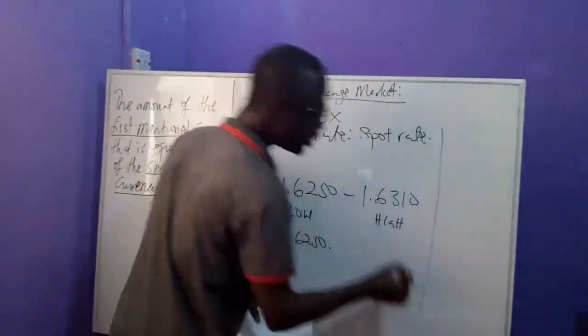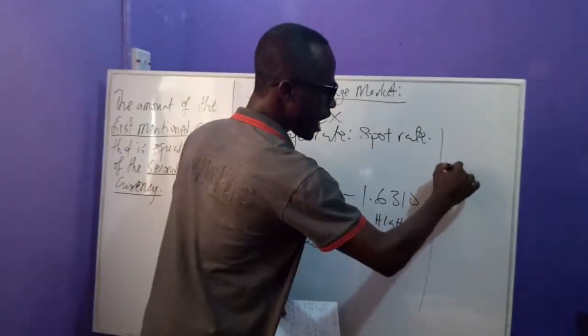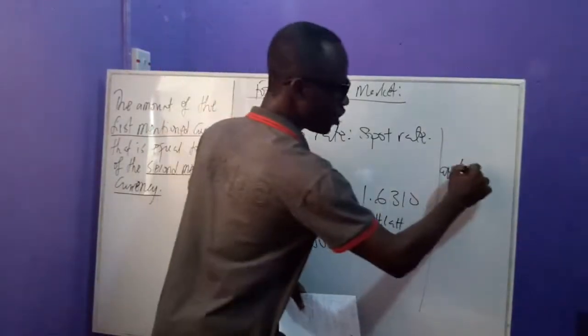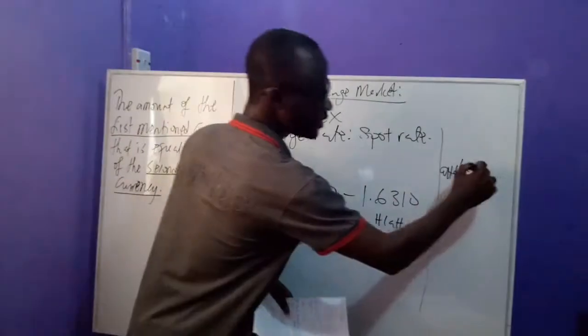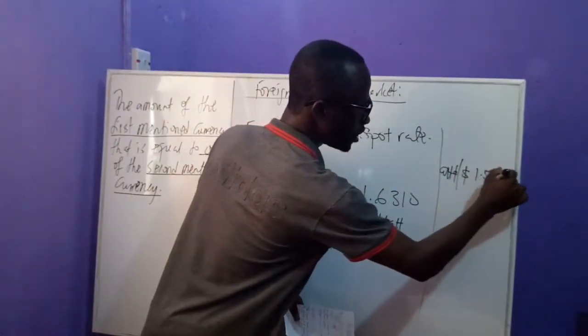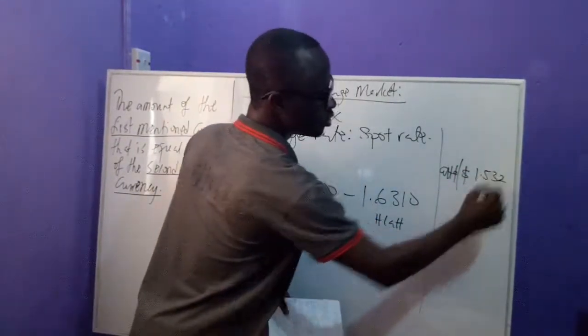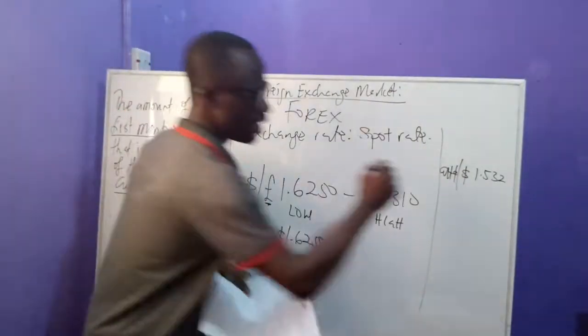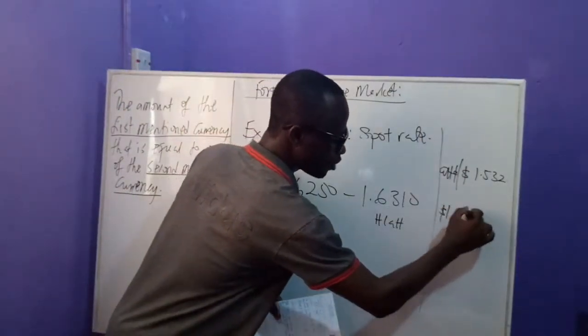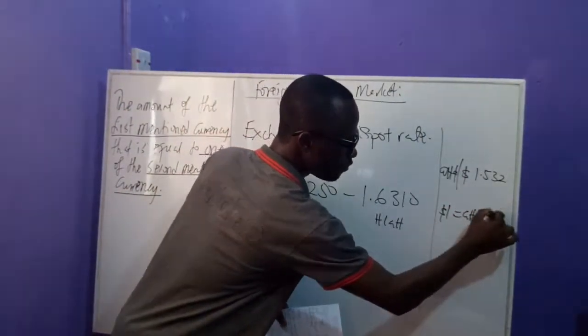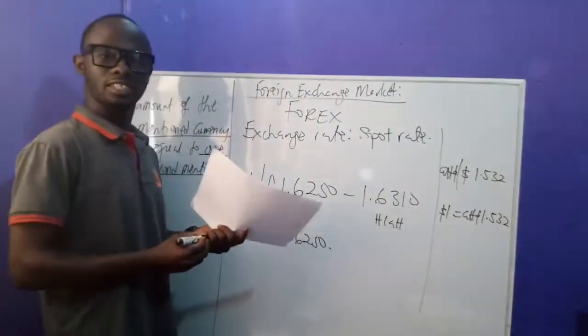Or, if I should say dollar and Ghana cedis, and I say 1.532, that means $1 equals 1.532 Ghana cedis.